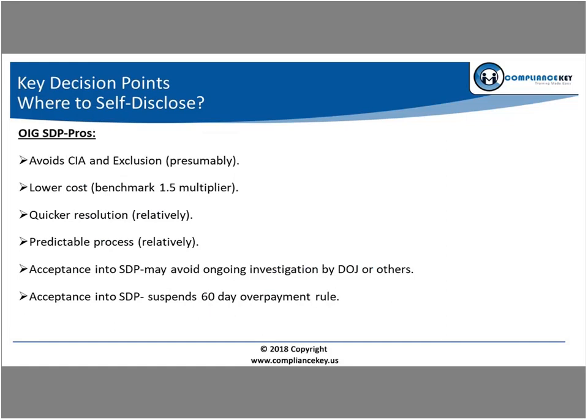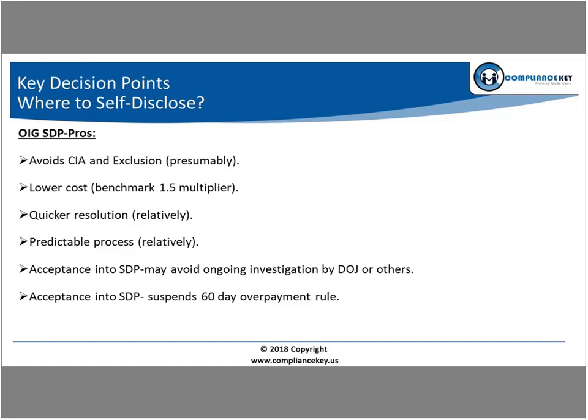With regard to the OIG Self-Disclosure Protocol, this is going to avoid a CIA, or corporate integrity agreement, and exclusion, presumably. I say presumably because there's no real guarantee, but history has shown that when you go down this road, the intent is to avoid entering into a CIA or exclusion penalties. It also has lower cost.